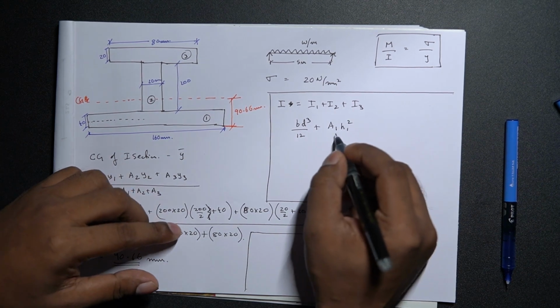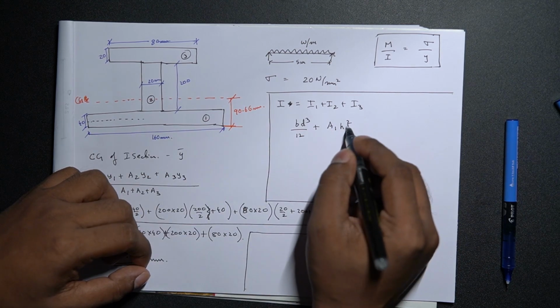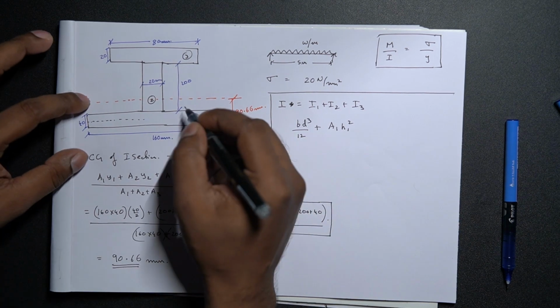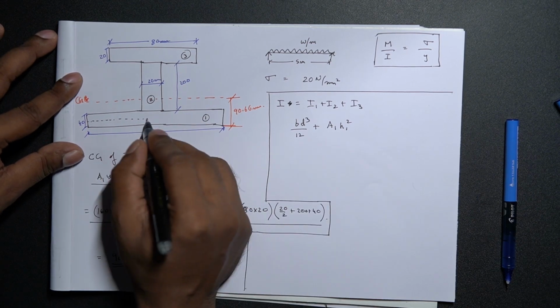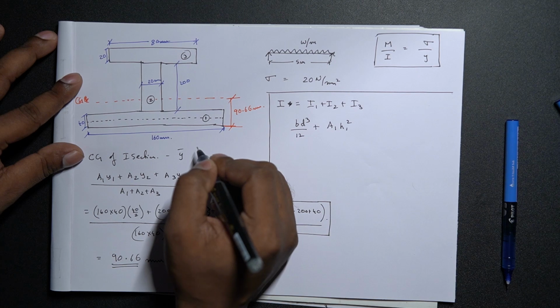Basically, A1 is the area of the first section, and H1 is the distance between the center of gravity of this particular section and the neutral axis. For instance, let's say the center of gravity of section 1 is somewhere over here.